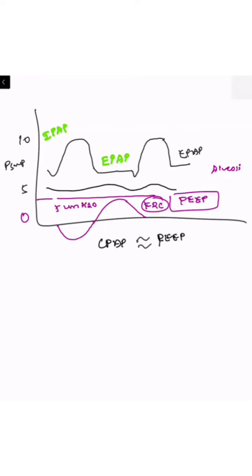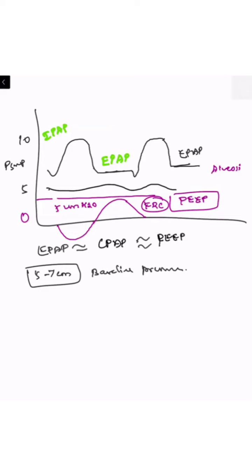You have to understand that this baseline is not 0, because in CPAP and in BiPAP, we are maintaining almost 5 to 7 centimeters of baseline pressure throughout the ventilation, not like the normal ventilation. So in BiPAP, we are providing the EPAP, which is almost equal to CPAP.